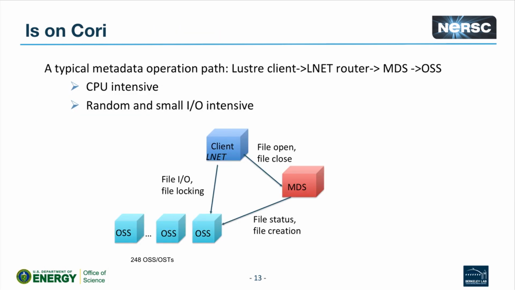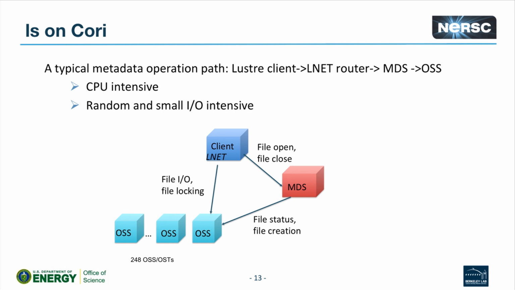So then I did some study. We did some study to really figure out why ls can be an issue. It turns out the HPC software stack is a little bit complex. So ls goes through multiple paths.